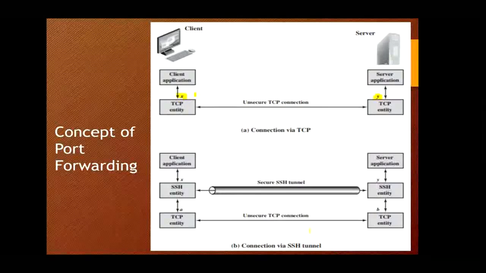Now let us look into the second figure, the connection established via the SSH tunnel. For this secure connection, we have SSH configured so that the SSH transport layer protocol establishes a TCP connection between the SSH client and the server entity, with the port numbers in this case specified as A and B respectively.